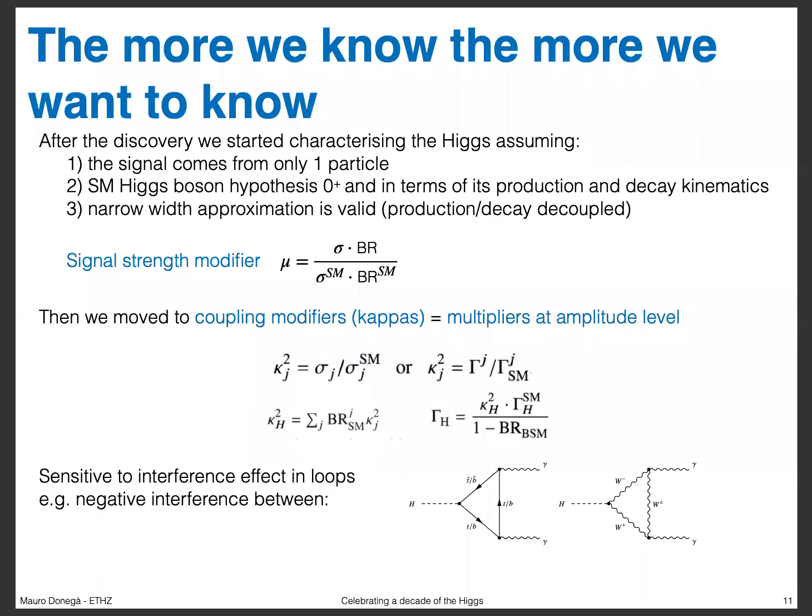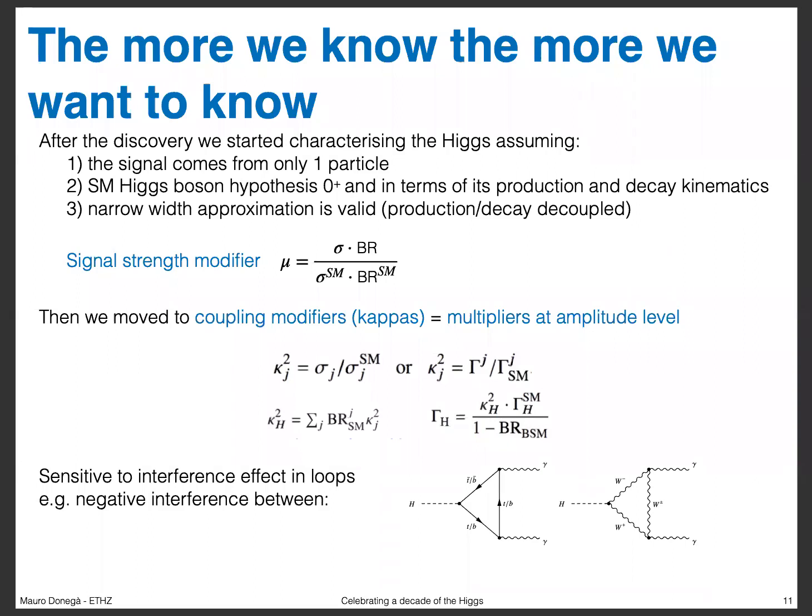And the next step in the direction of having better understanding, better tools to characterize the particle, was to introduce these kappa modifiers, the coupling modifiers. These are now modifiers pushed down at the amplitude level instead of just at the cross-section level. And this has the advantage that with these kappas, you can be sensitive to interference effects.